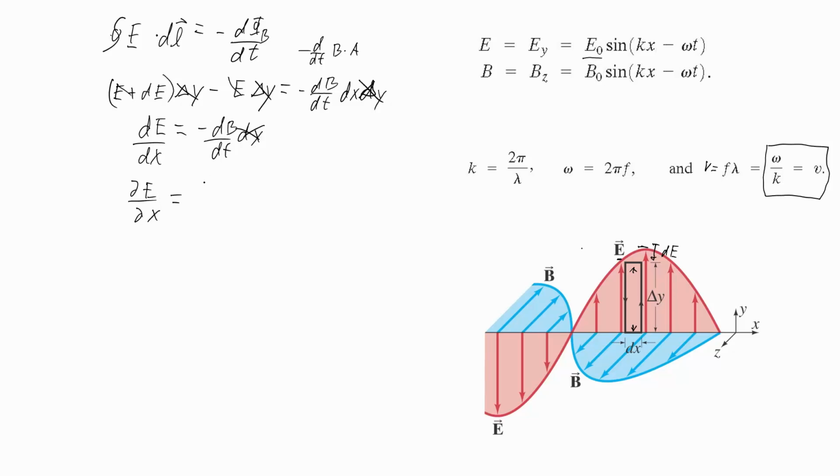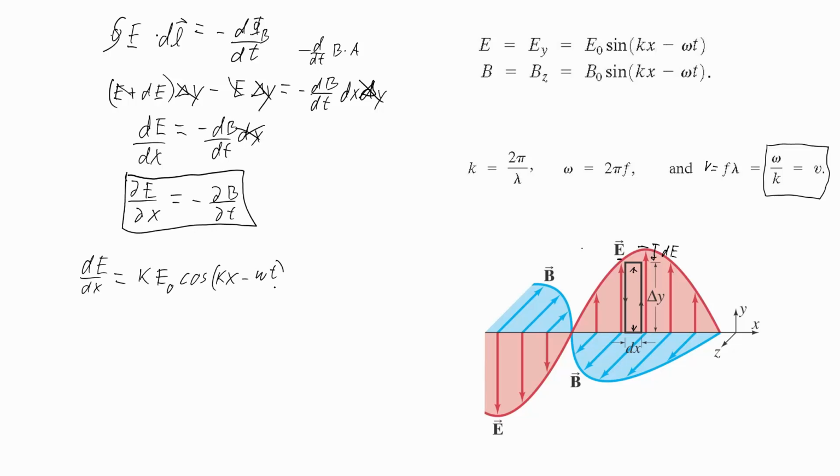So we have the partial derivative of the electric field with respect to space is equal to negative the partial derivative of the magnetic field with respect to time. I'm just going to box this up. If we take these equations here and take the derivatives with respect to x and t and plug those in here, first of all we'll get dE dx, which is going to get a k coming out of that derivative. We've got E naught, which is the maximum value of the electric field. Our sine becomes a cosine, and then we still have kx minus omega t on the inside.